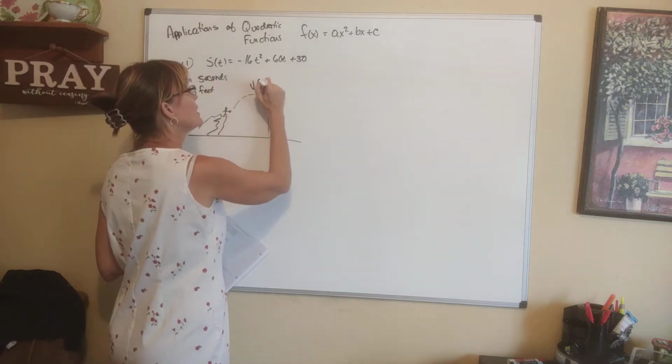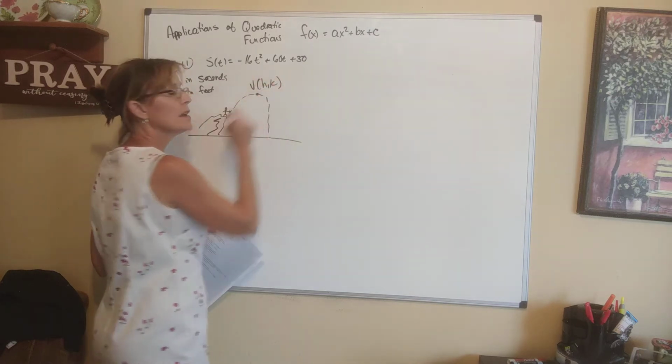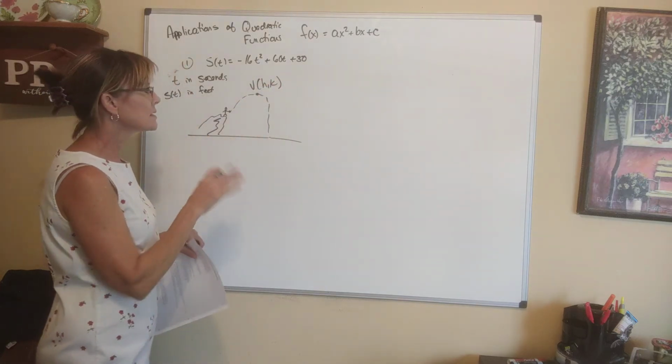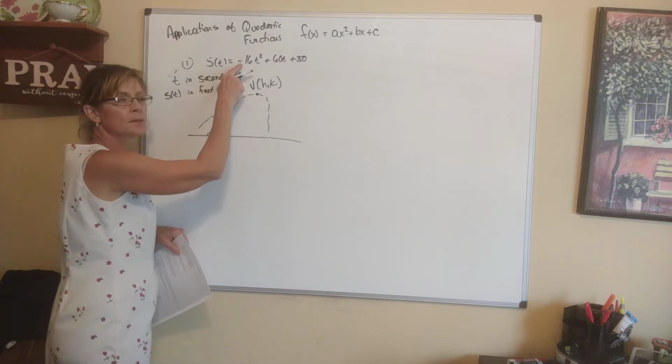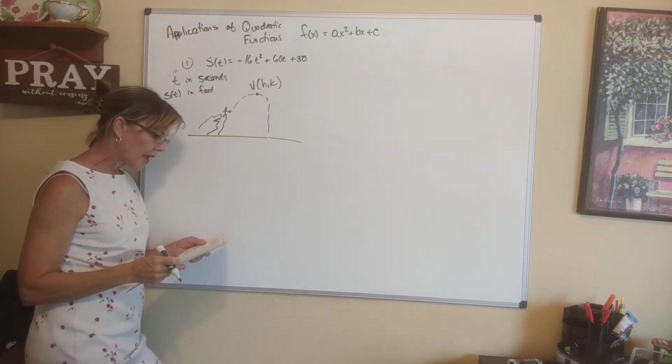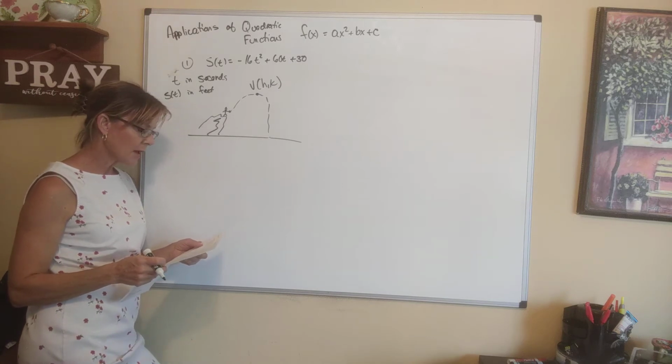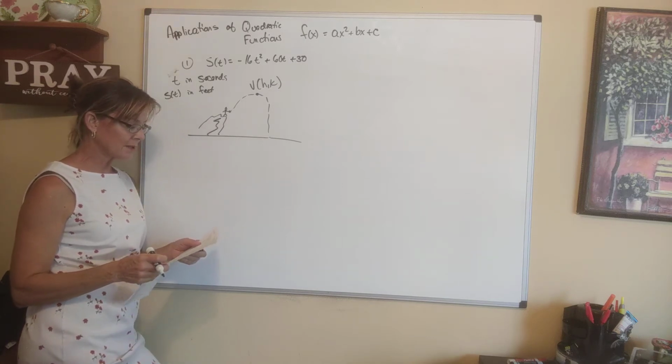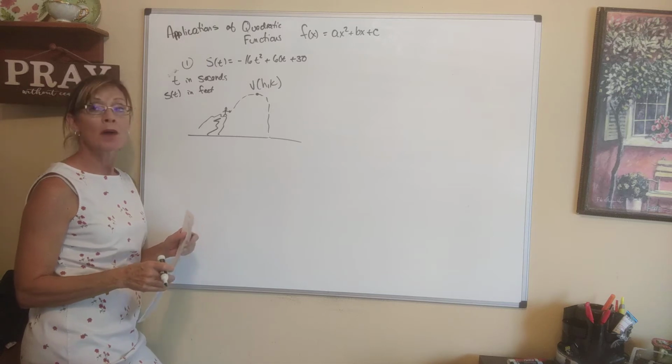So V is (h, k), right? That's our vertex. Does it make sense that it's facing down? It does, because a is negative. The question we have to answer is to determine the time at which the stone reaches its maximum height and find the maximum height.